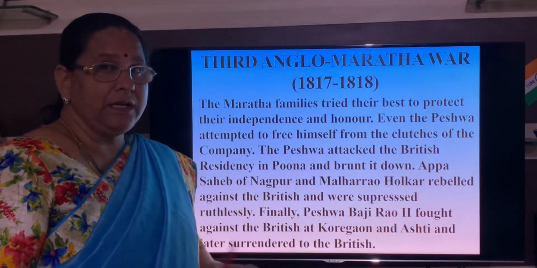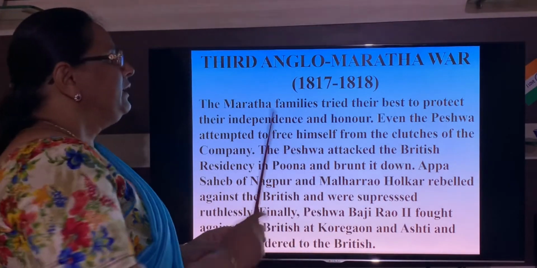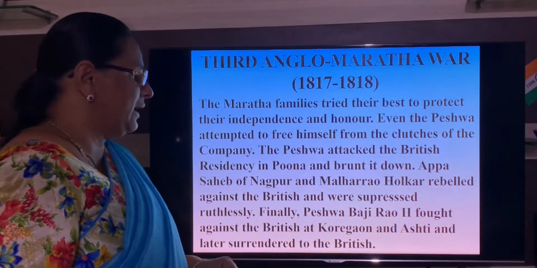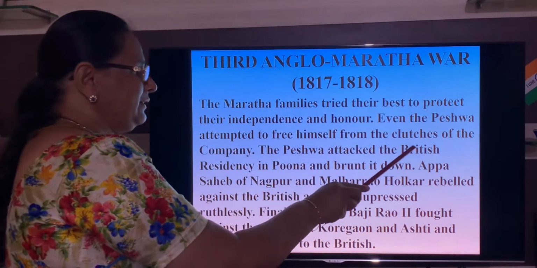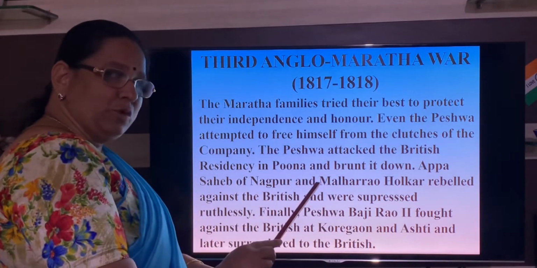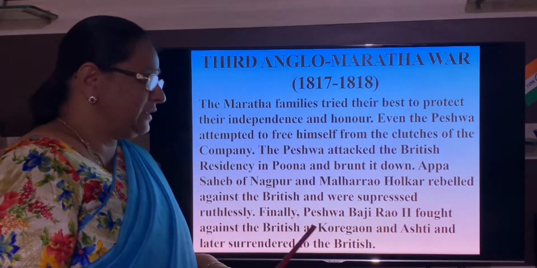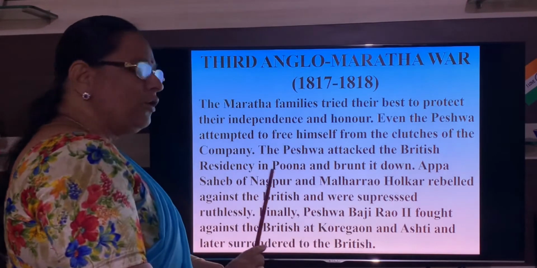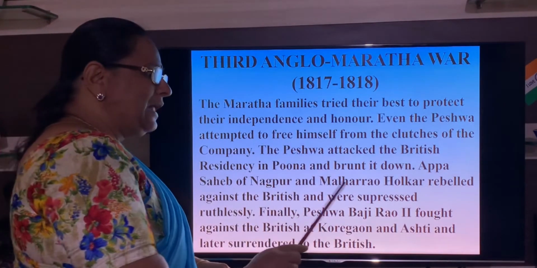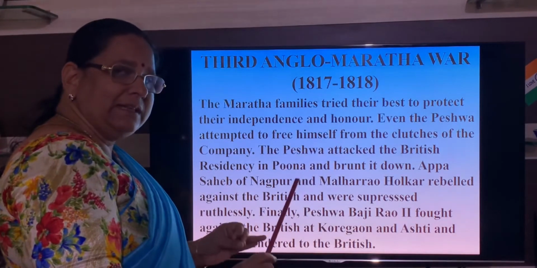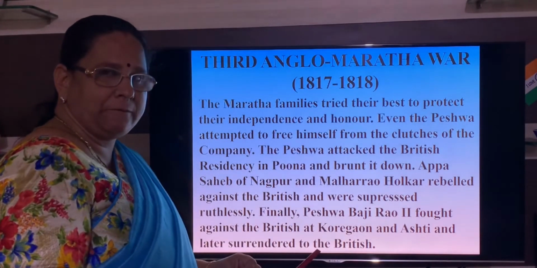So remember the 3 points you have to explain in the Third Anglo-Maratha War. First one, the Peshwa attacked the British residency in Pune and burnt it down. Second one, Appa Sahib of Nagpur and Malhar Rao Holkar rebelled against the English and they were suppressed ruthlessly.